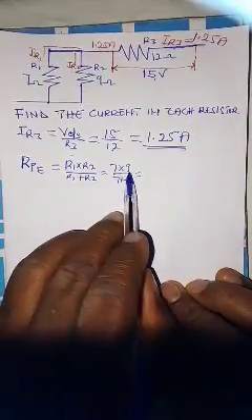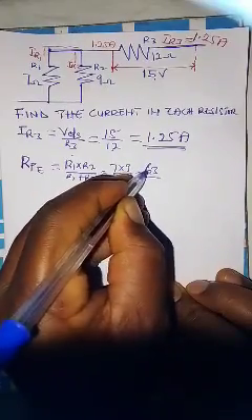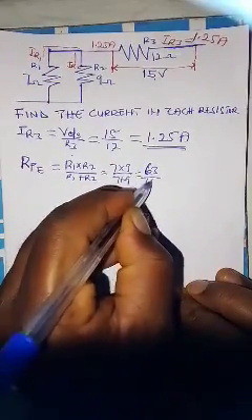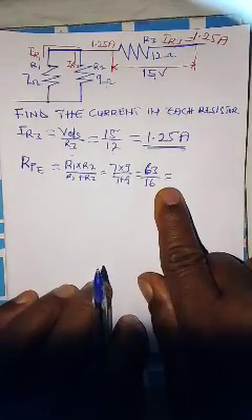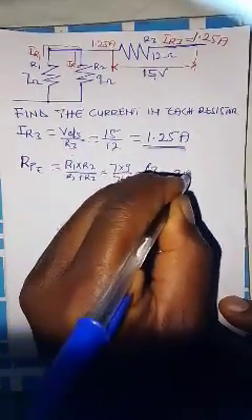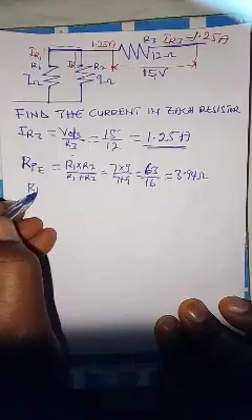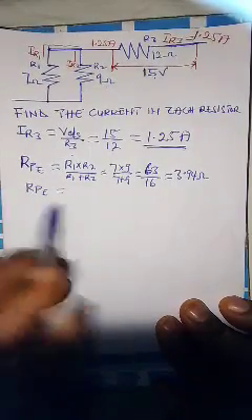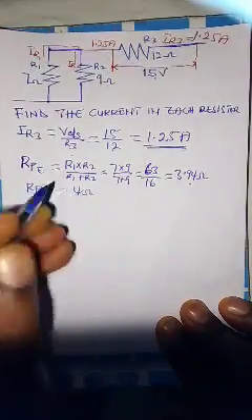So 7 times 9 will give us 63. 7 plus 9 will give us 16. And therefore, 63 divided by 16 will give us 3.94 ohms. Approximately, our total parallel equivalent will be about 4 ohms.